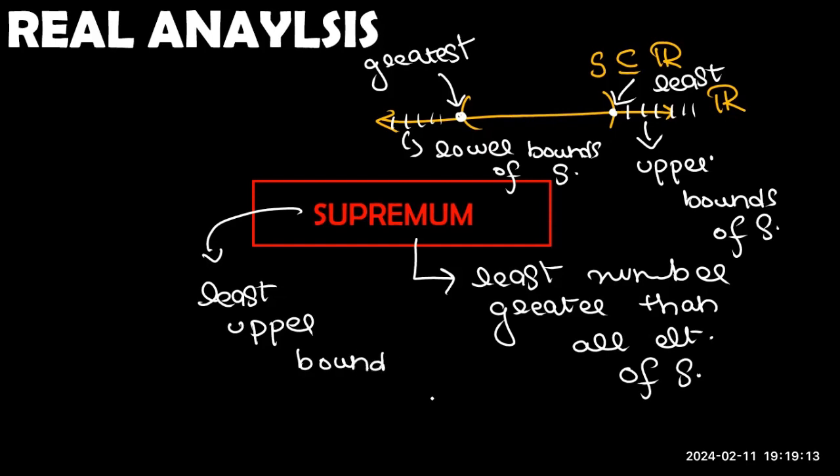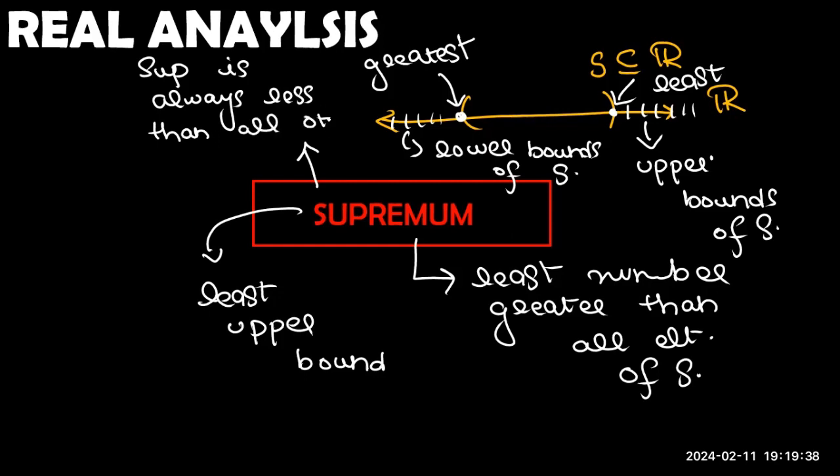And always remember that this supremum is always less than all the other upper bounds because it is the least upper bound. Okay, I hope it is clear to you. So the supremum is always less than all other upper bounds of the set. Okay, so this is very, very important.